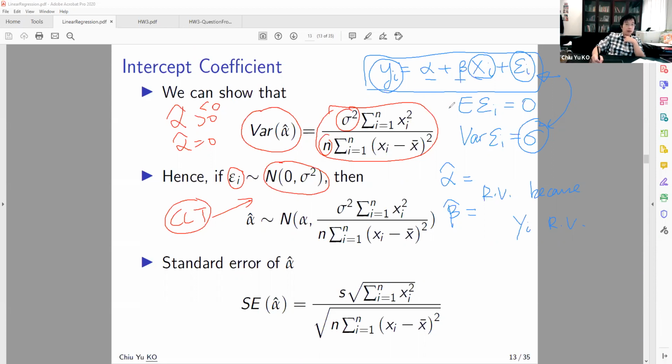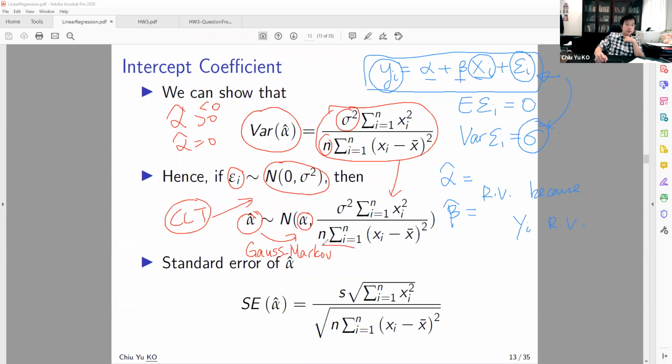Because alpha and beta are linear functions of y, which we don't prove here, but you can easily show. If you have this, then alpha hat will have a normal distribution with mean alpha. This comes from the Gauss-Markov theorem we just mentioned before the break, and this is coming from here.